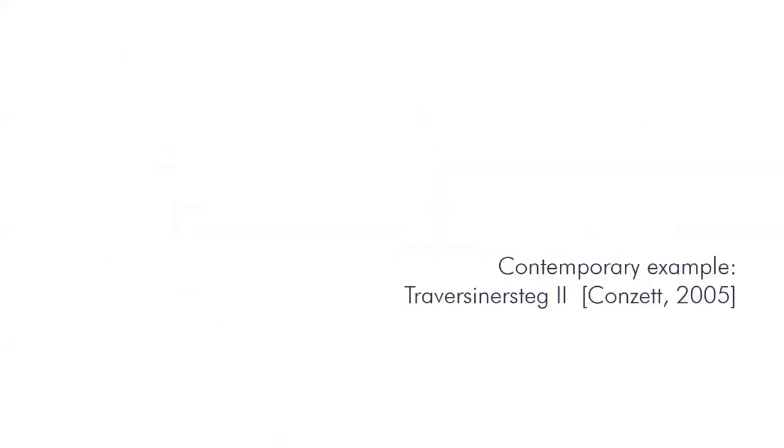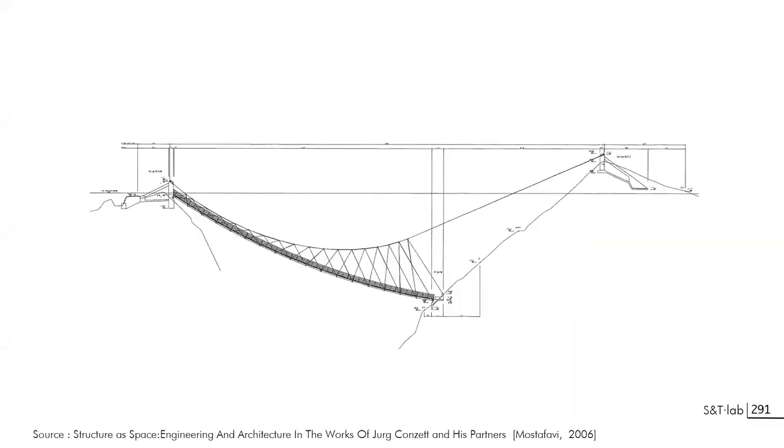Now, we have covered all that is theoretical, and we can move to 2 examples of application of graphic statics for design. The first one is an example that has been designed by Jörg Conzett, the Swiss engineer, in 2005, the Traversinersteg, and this is the bridge.